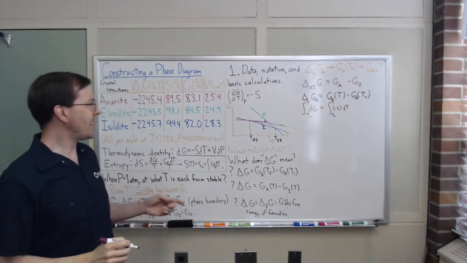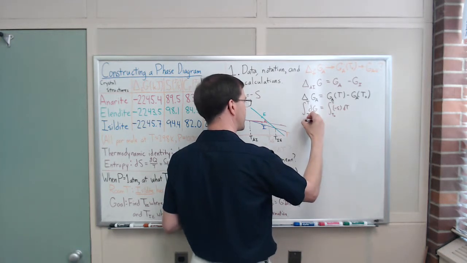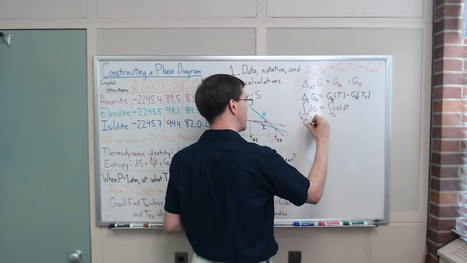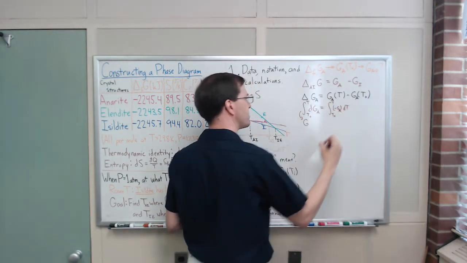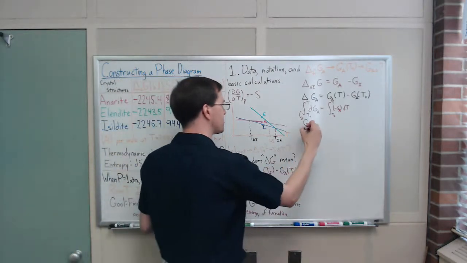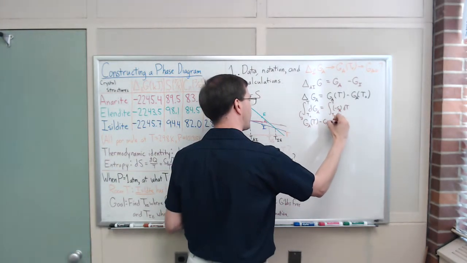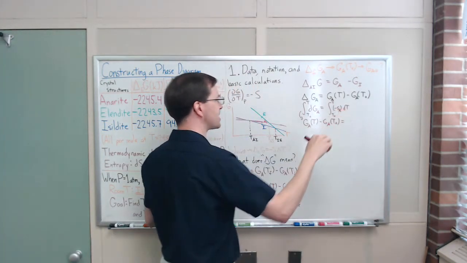And this integral on the left is just an integral. This means this is G, so I'll look at anorthite to begin with, just to have a specific equation for it. This tells me that G anorthite of T minus G anorthite of T naught equals this thing.